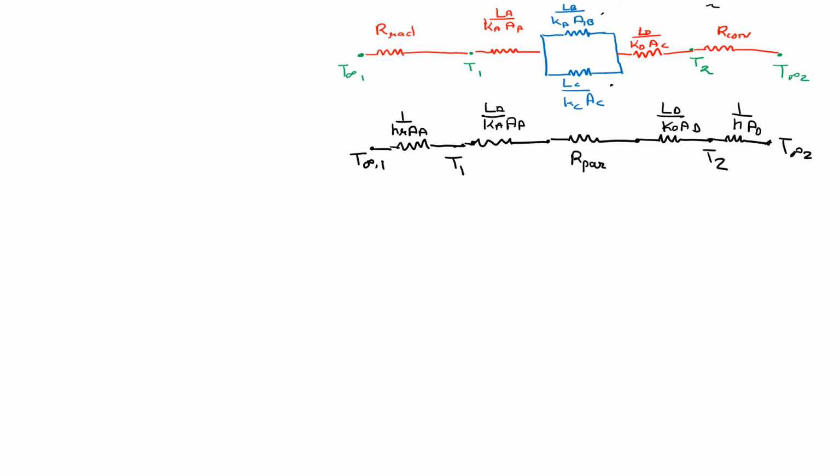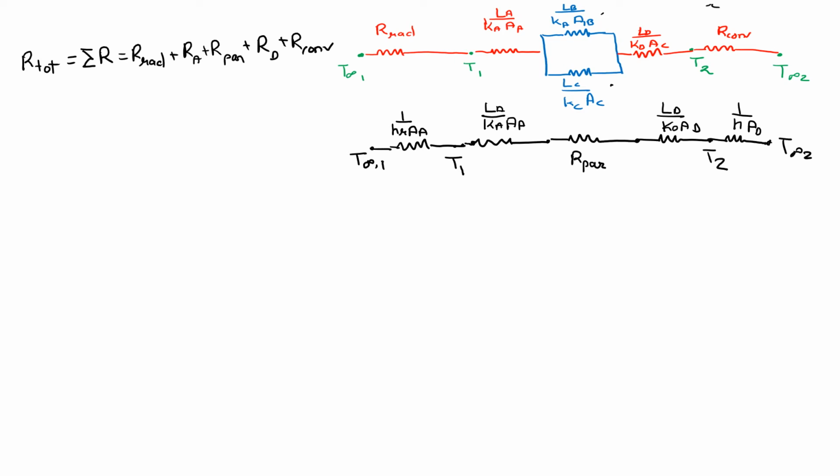Now we don't have any parallel resistances in the new circuit diagram, and all of them are in series. Because all of them are in series, we can find the total resistance, which will be the summation of all the resistances: R rad plus RA plus R parallel plus RD plus R convection.